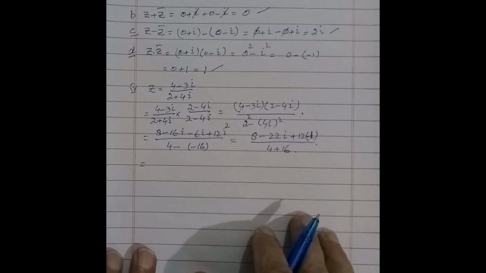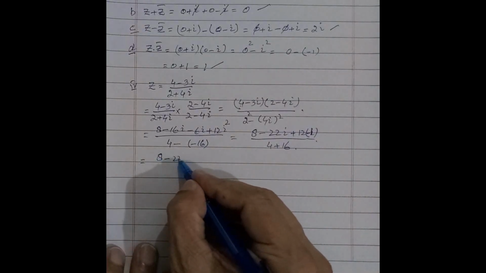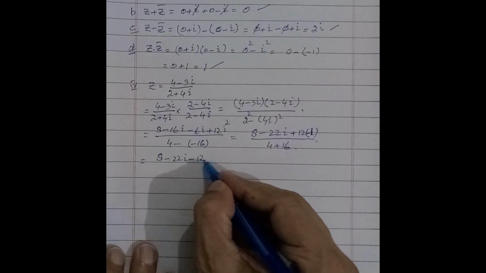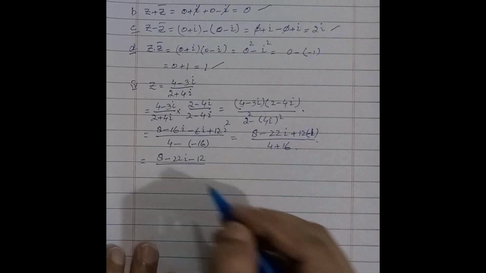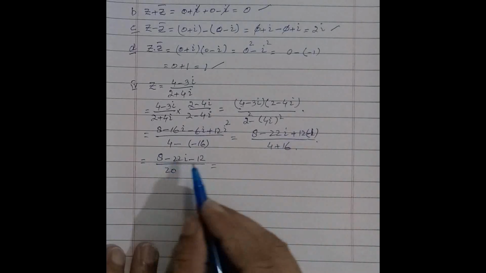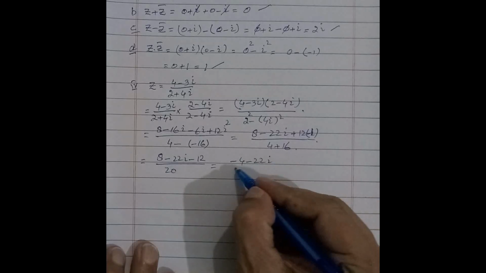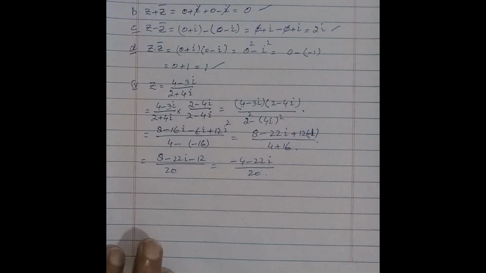Now when we simplify the values, we get 8 minus 12 minus 22 iota over 20, which is equal to minus 4 minus 22 iota over 20.